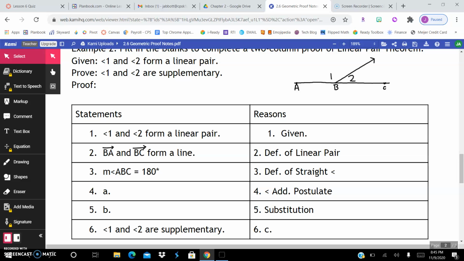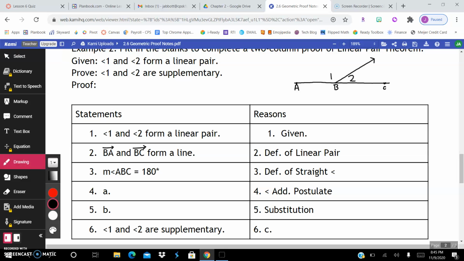So we have to move from step 3 that says the measure of angle ABC is 180 degrees. And our next statement has to deal with adding angles together. So if I know that, let me use a different color here.